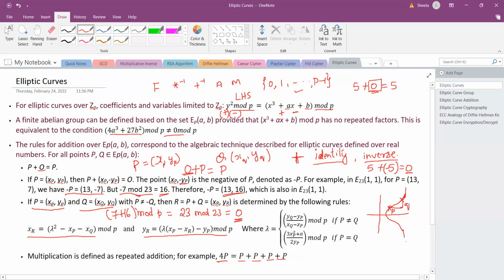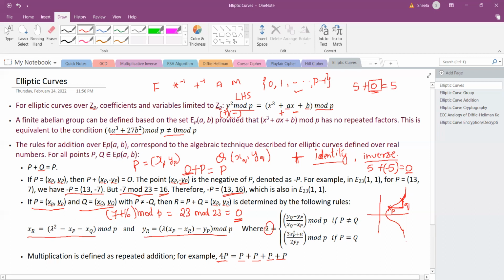Here I need to find the slope. In order to find the slope, I'm going to represent that as lambda. That lambda will be equal to the difference between the y coordinates of both points divided by the difference between the x coordinates. So we are going to get the slope.